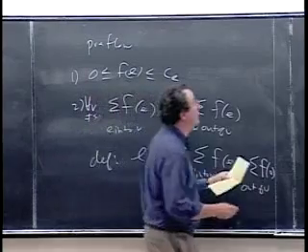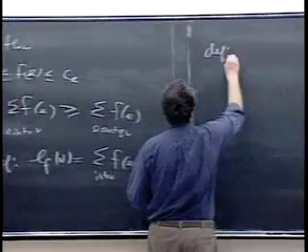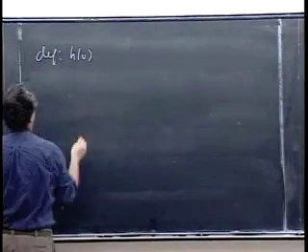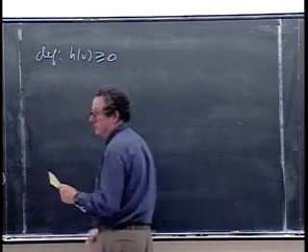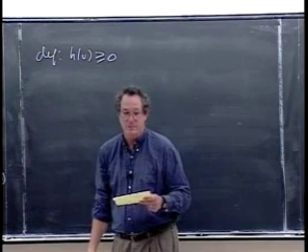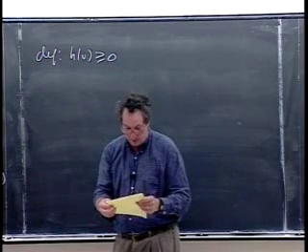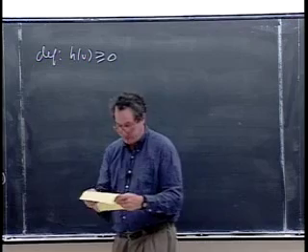Okay, the other thing I defined last time was this thing called height. This is just a number greater than or equal to 0 that's assigned to each vertex v. I haven't really said much about it, and I think that's where I stopped.